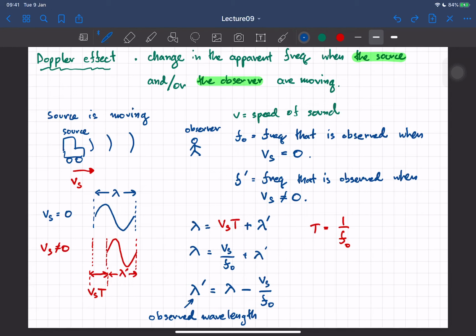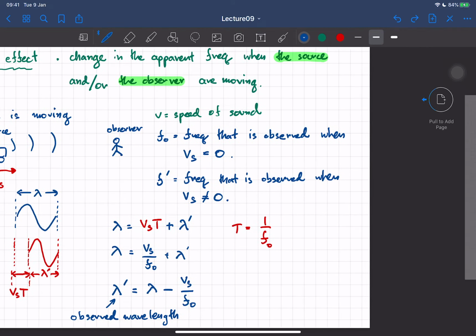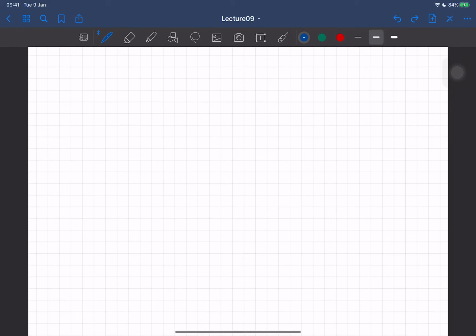So if we have the observed wavelength, then how do you convert this to the observed frequency? Well, we know how they are related. It's V equal to F times lambda, right? So I'm going to go to the next page, right? Because v, which is the velocity of sound, is equal to f prime times lambda prime, right?